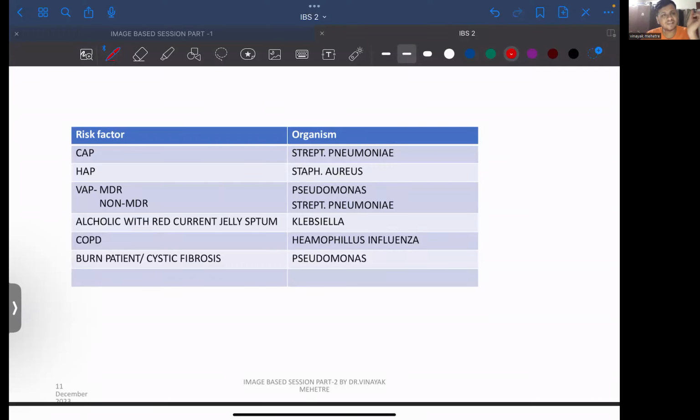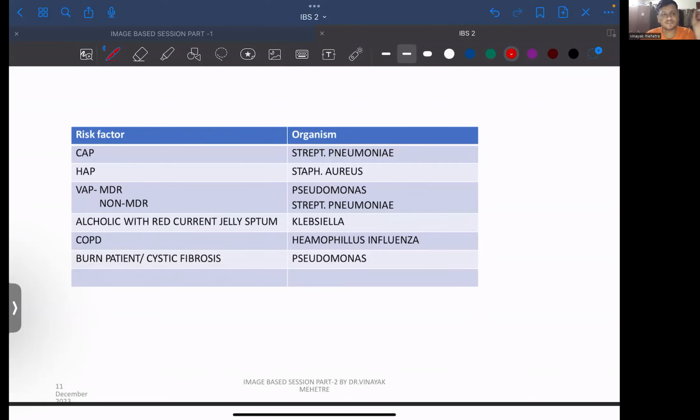The answer will be Staph aureus, right? But if the patient is on a ventilator, the answer will change to Pseudomonas or Strep pneumoniae. Only in an alcoholic, the answer will be Klebsiella, right?